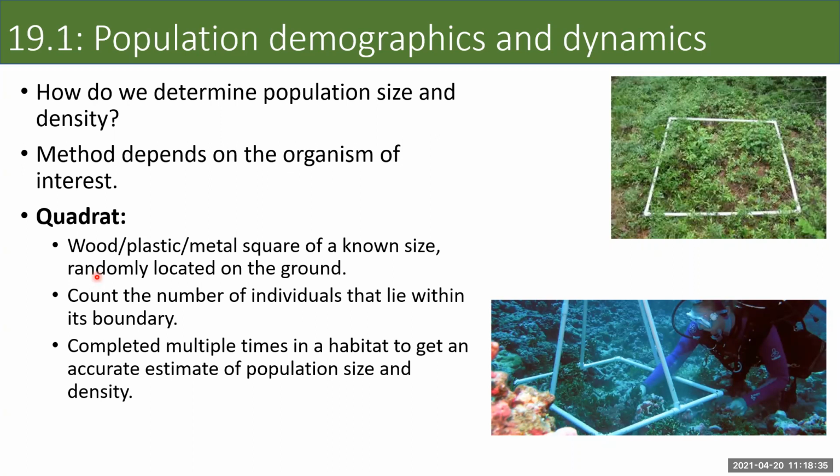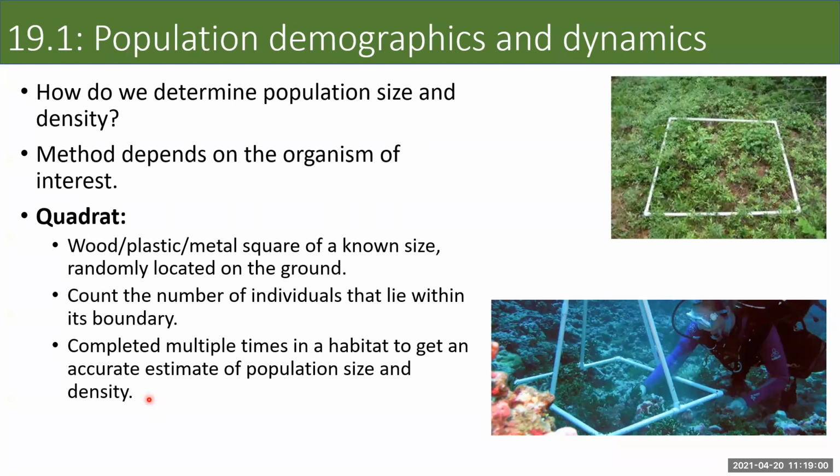So let's say if there's like 200 grids, you're not going to sample all 200. Maybe you'll sample like 20 of those grids, and you can take the average, and then you can extrapolate that. And there's also other formulas that you can use to extrapolate. And so you complete that multiple times in a habitat to basically get a more accurate estimate of population size and density.